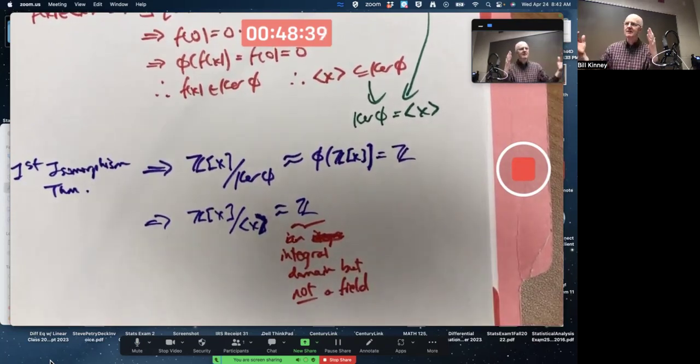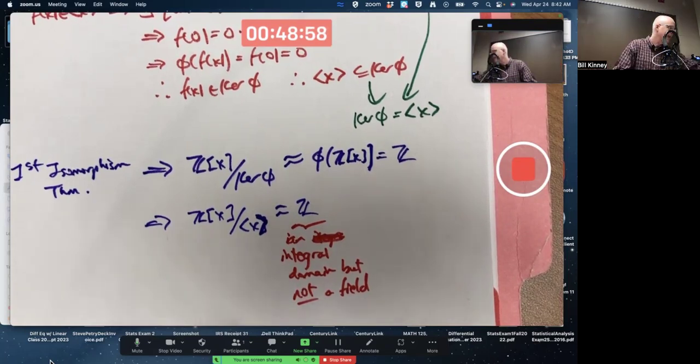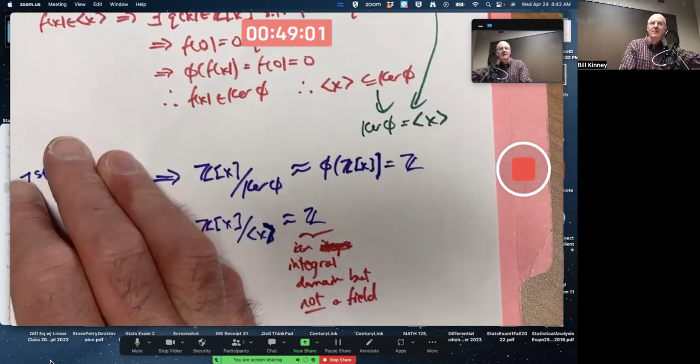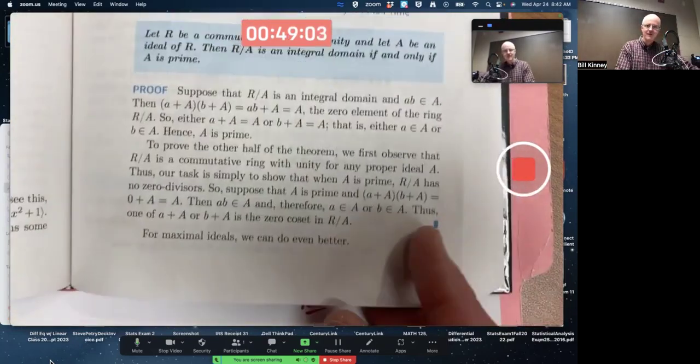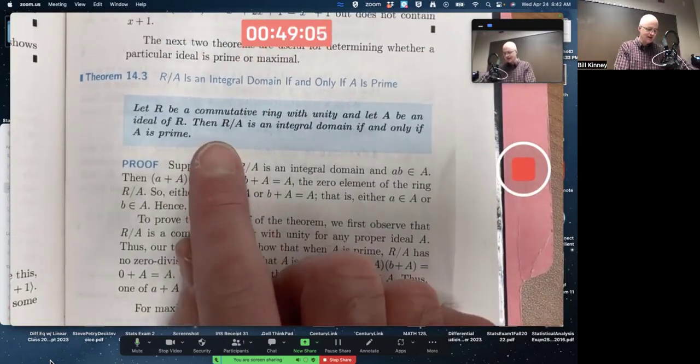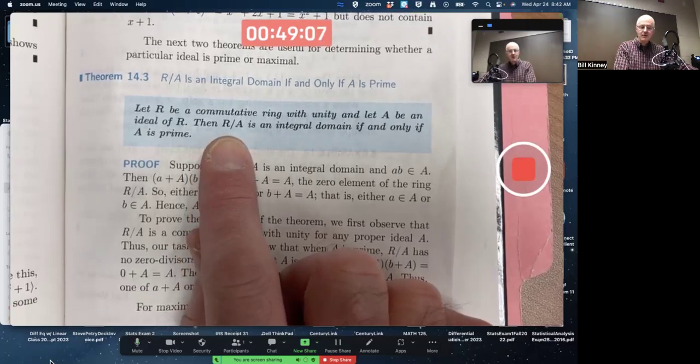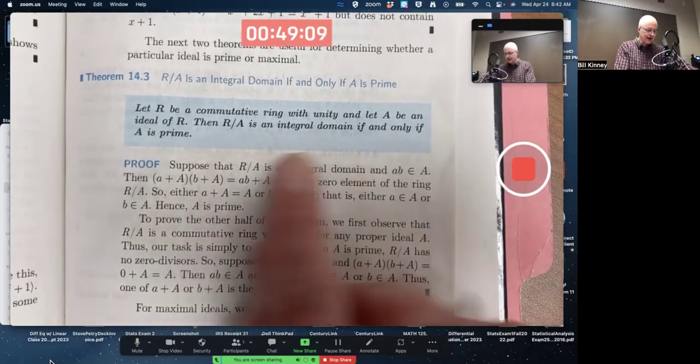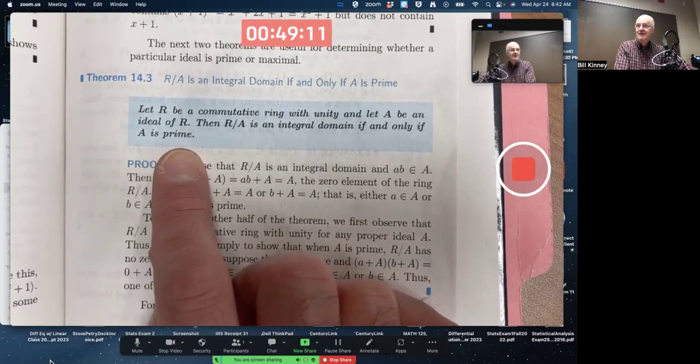Does this ring a bell from something we did on Monday? Related to prime ideals, maximal ideals, integral domains, and fields. It should. We talked about a couple theorems that are pretty important in their proofs. This one, the factor ring R mod A is an integral domain if and only if A is a prime ideal.